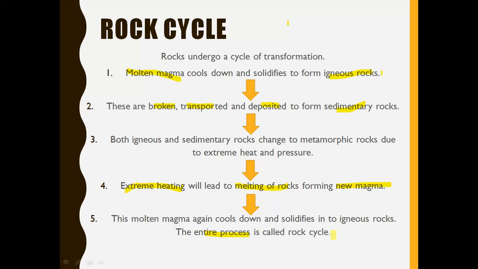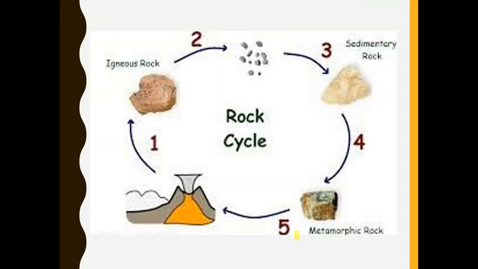Let me explain it to you with a very easy diagram. Right, now let's start from here. There is magma. Now this is magma. The magma comes out from the earth, and it forms the igneous rocks, right? Then igneous rocks are broken into sediments, and all these sediments keep collecting, and then what do they form?